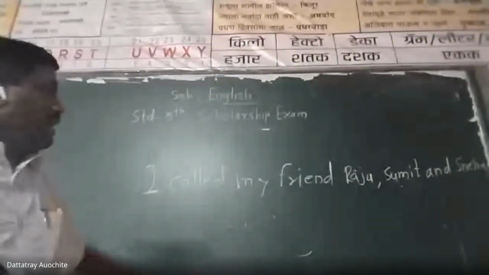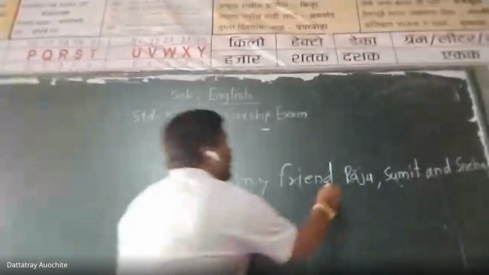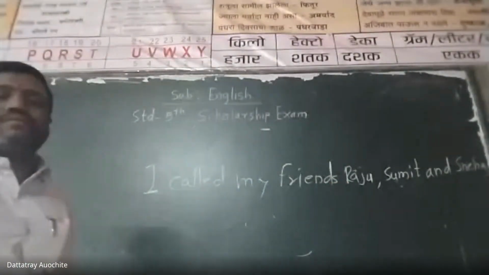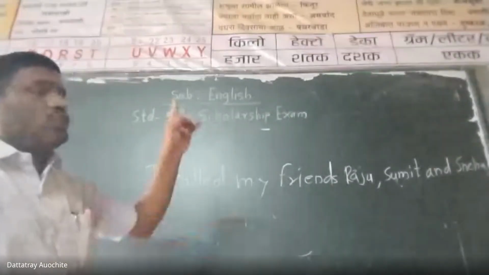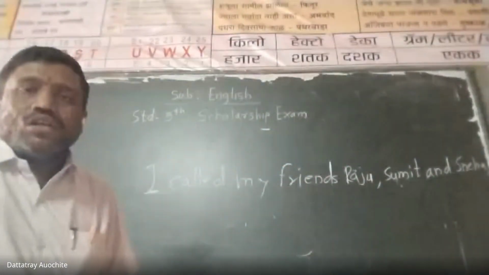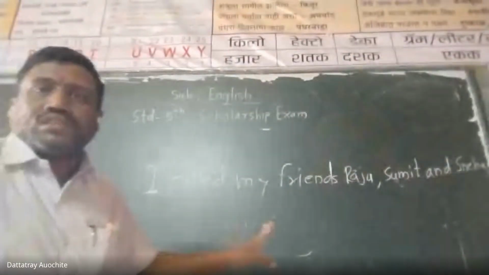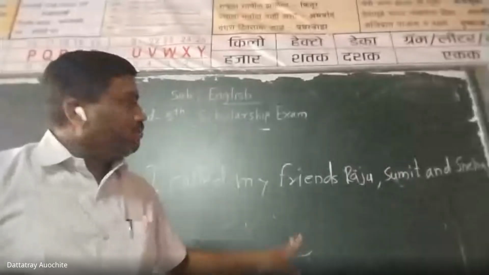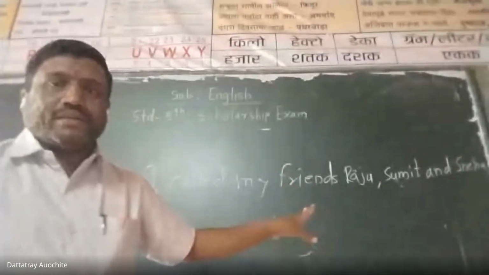This is the sentence. I call my friends Raju, Sumit and Sneha. So here I use some words from the same category.